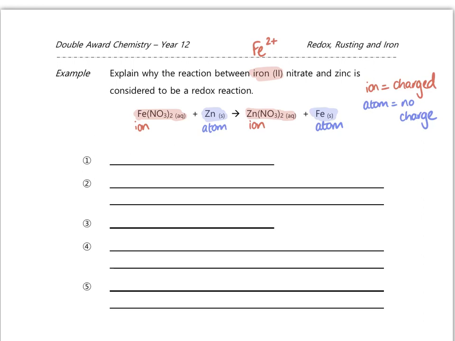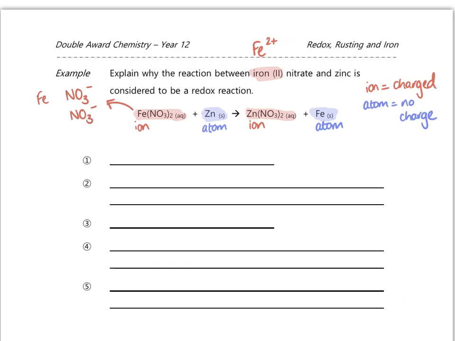The other way you could work that out is by the formula of iron nitrate. You can see that iron nitrate has the formula Fe(NO3)2. That means there is one iron ion, and it means there are two nitrate ions. If you look at the back of your periodic table, you'll see that nitrate ions have the formula NO3-, and I have two of them.